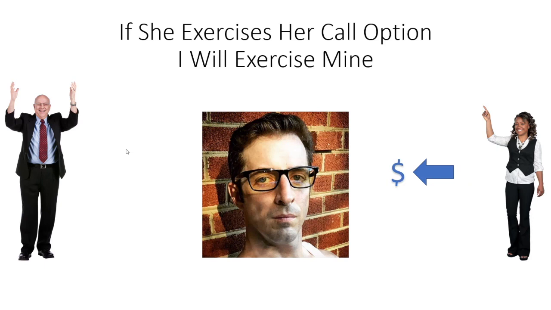I'm going to give you the amount of the strike price of our negotiated contract, our call option. And I'm going to have to go over to you, the person that I bought my call option from, and I'm going to have to give you some money because I'm going to exercise your call option.